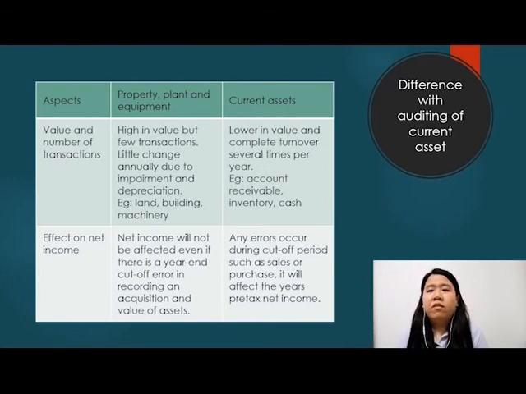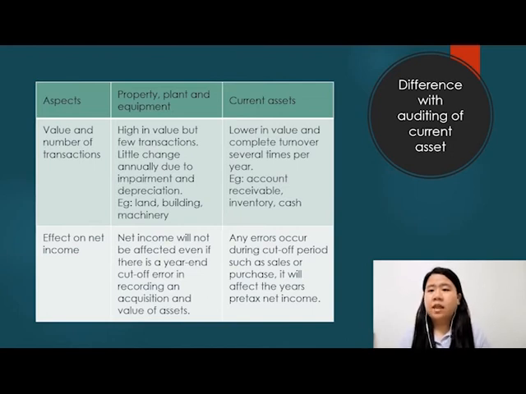On the other hand, the current asset has a low value and completes turnover several times in the year. For example, accounts receivable, inventory, and cash. Next, for the effect on net income.